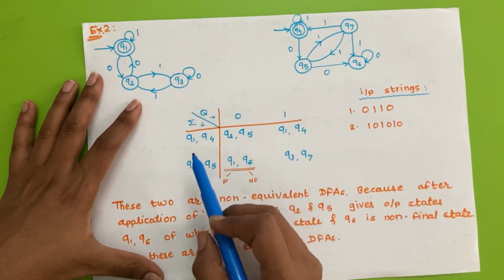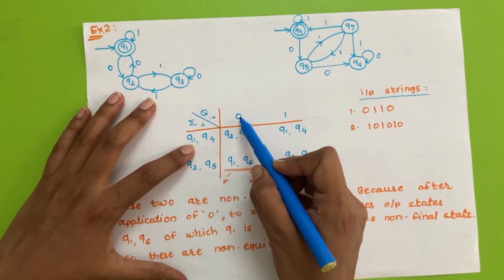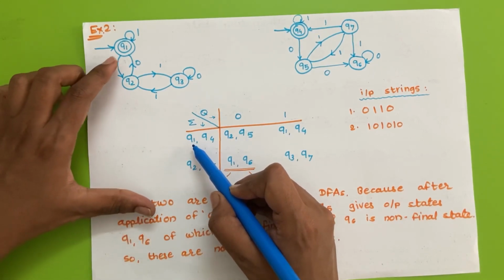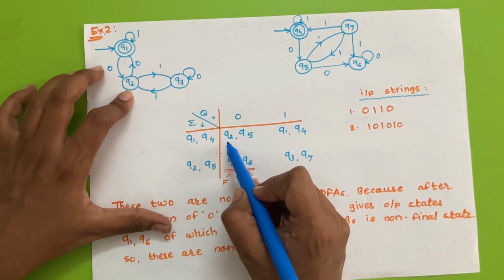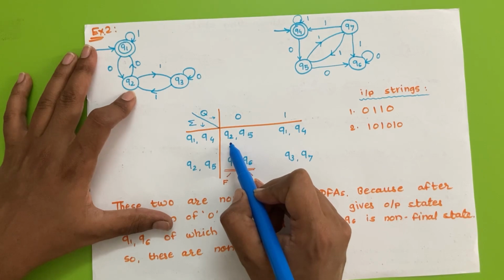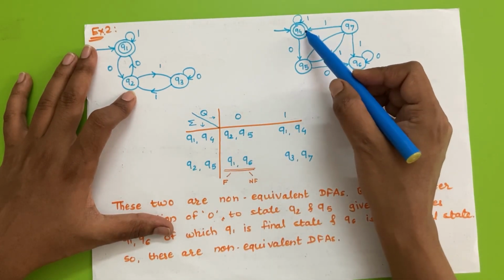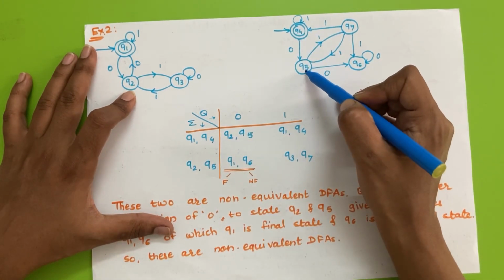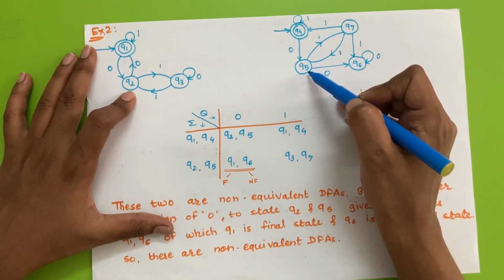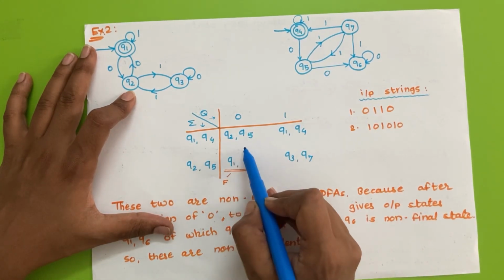If we supply 0 input to state Q1, it will go to state Q2, which is my non-final state, and for Q4 it will go to Q5, which is again a non-final state. So here we don't have any problem.